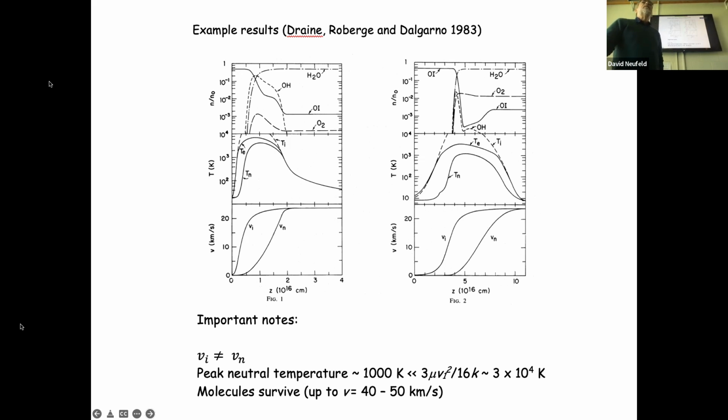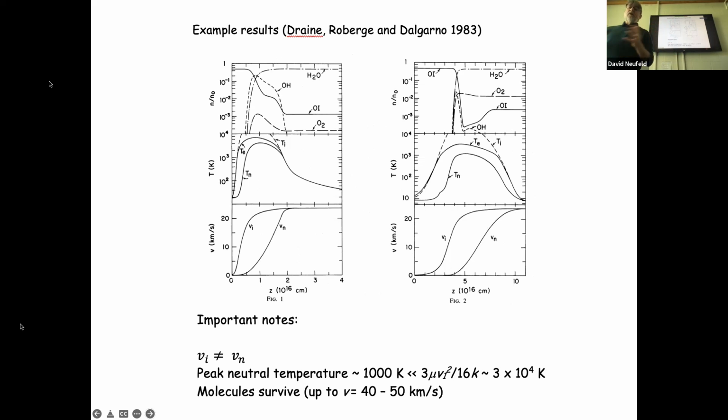So supernovae actually give you probably a mixture of these, because as they expand, they get slower and slower and slower. So initially, it's definitely a J-type shock. It's very fast. The ionization induced by the shock is very high. There's a very high level of ionization. So the fluids are very well coupled, and we don't have to worry about this difference.